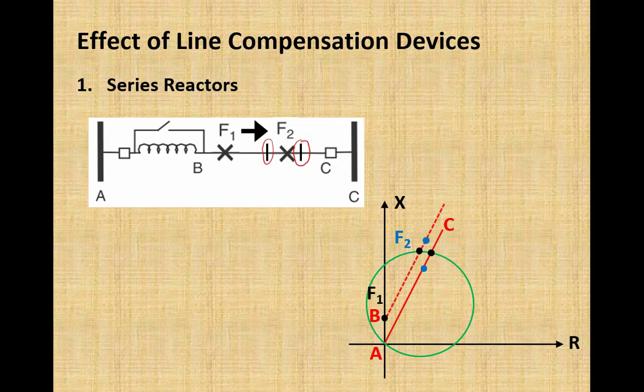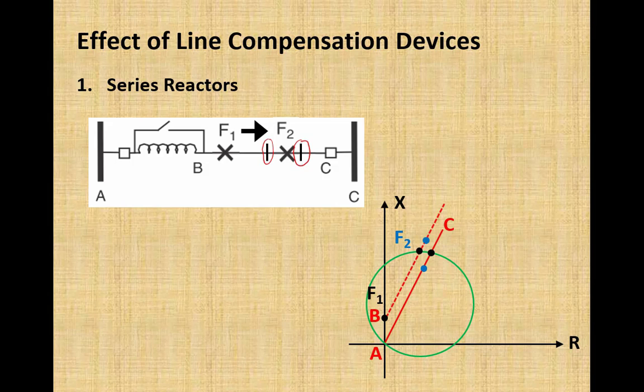Now we can see here that the presence of the series reactor has caused this relay to underreach. It means that is not a problem for zone 1. Zone 1 of the relay is already set to underreach. While doing the zone 1 setting, we will always assume that the series reactor is out of service, and then we do the setting of zone 1, which is 85% of line length. When this reactor comes in service, the reach of that relay will definitely become lesser than 85%.